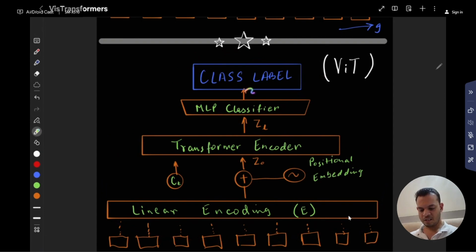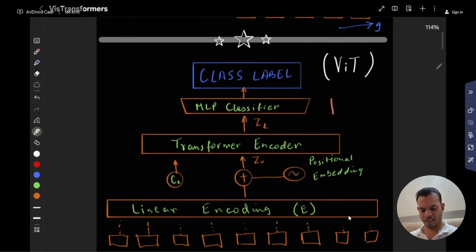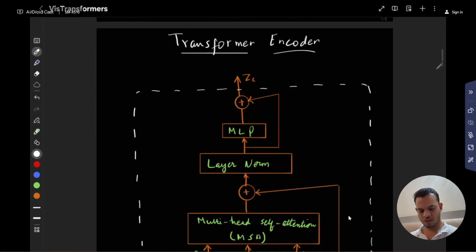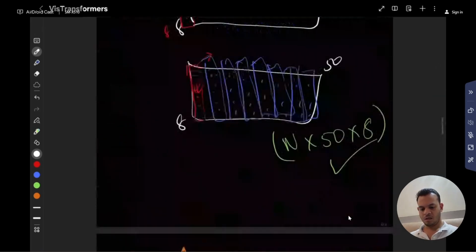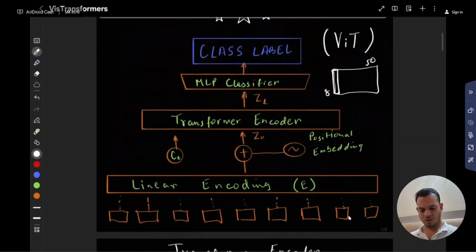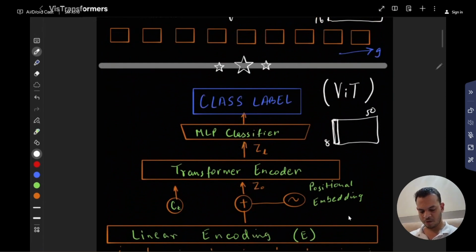Now at this point, what you will basically get is a 50 cross 8 size tensor, where the first one will be the class token that has gone through all the processes we discussed here, because it was part of it.